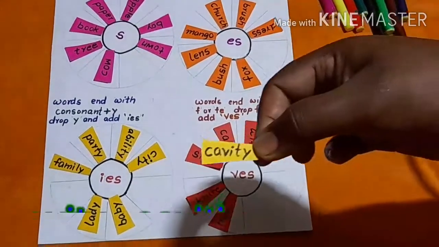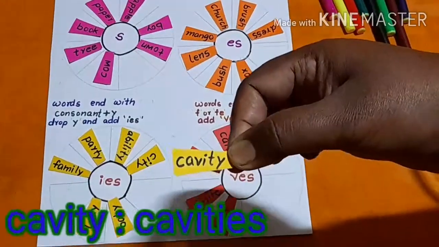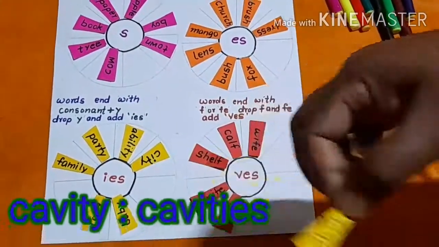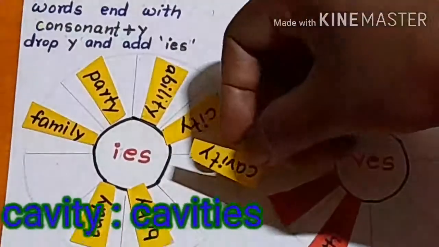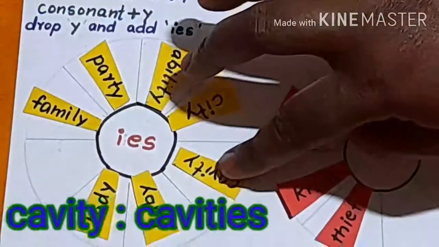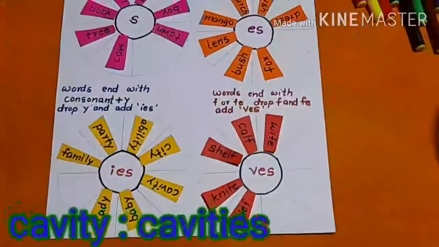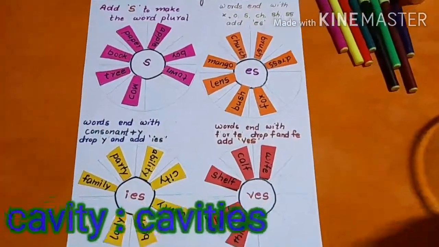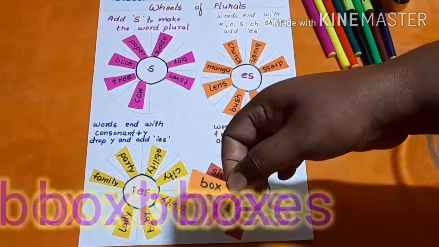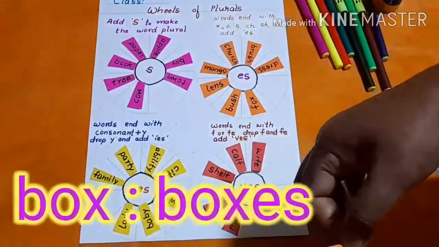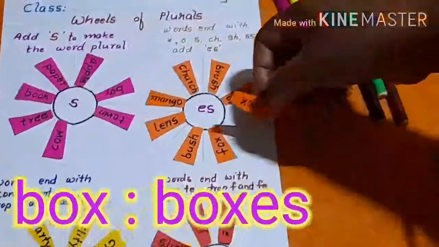Next word I got cavity. So the word ends with Y. So again the same wheel. So it will become cavities. I got the word box. So plural of box is boxes. We are adding ES to the word.